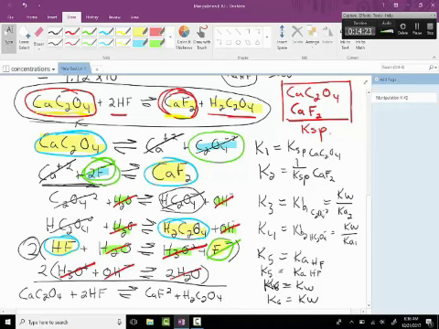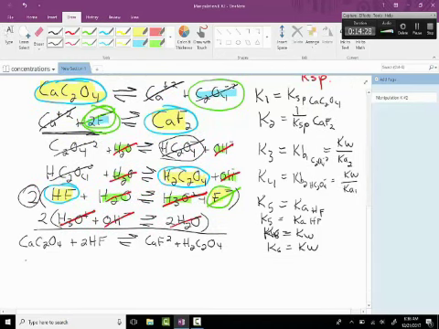Let me slide this up a little bit, and K is going to be equal to K1 times K2 times K3 times K4 times K5 squared times K6 squared.